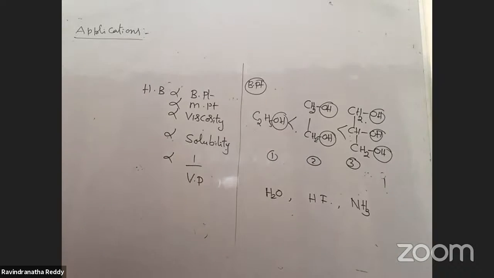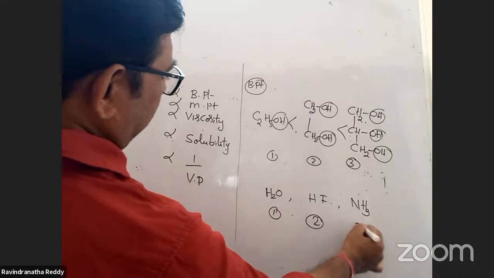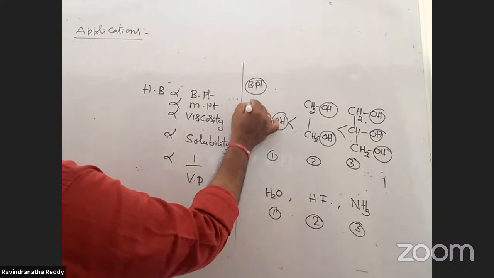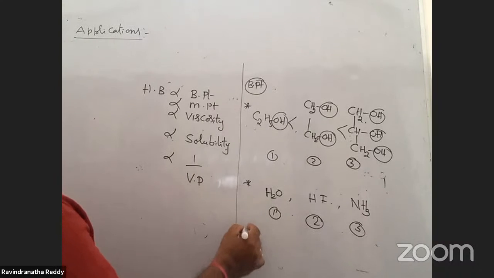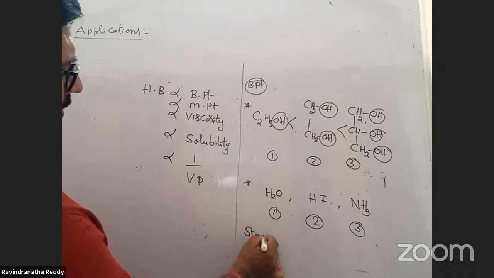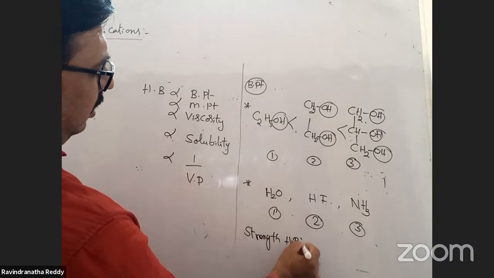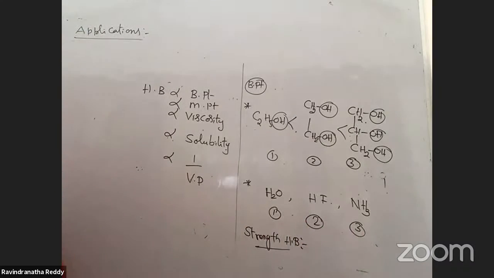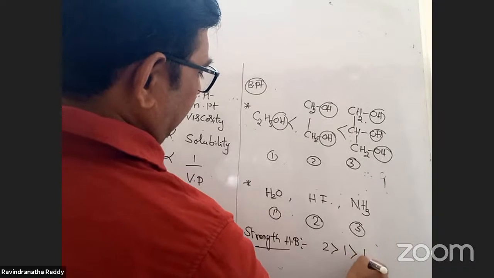This is one question, and this is another question: what is the strength of hydrogen bond? Put the answer for 1, 2, 3. Strength of hydrogen bond is 2, 1, 3. Very good: 2 greater than 1, 1 greater than 3.